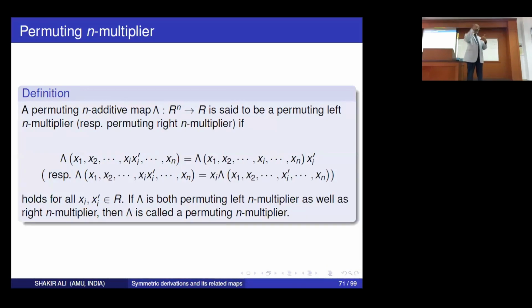Okay, so that makes sense. When we have generalized n-derivations, then we must have n-multipliers. That means if the associated n-derivation is zero, then we will get n-multipliers. We consider symmetric ones, so we call them permuting n-multipliers. So this is the definition. I think it is not complicated.